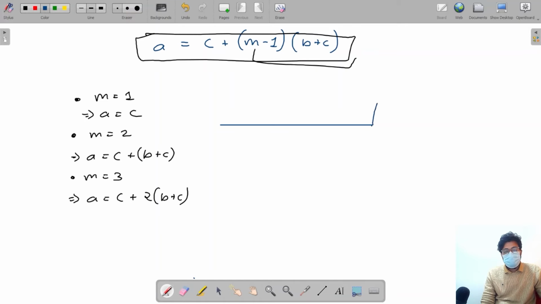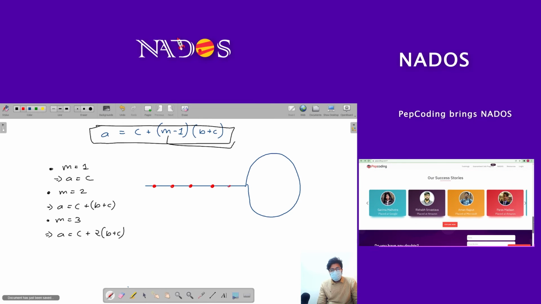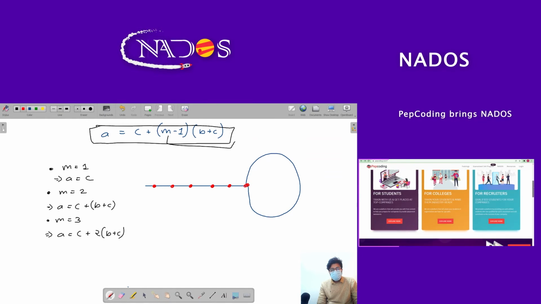So let's make a linked list here, something like this, and then let's take it. So I have to count 1, 2, 3, 4, 5, 6, right?